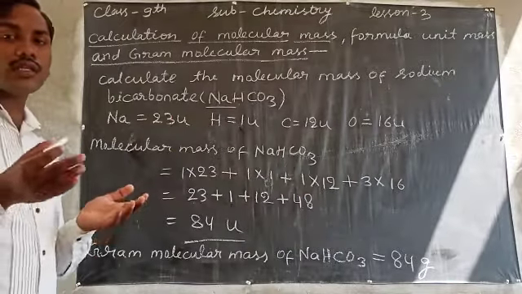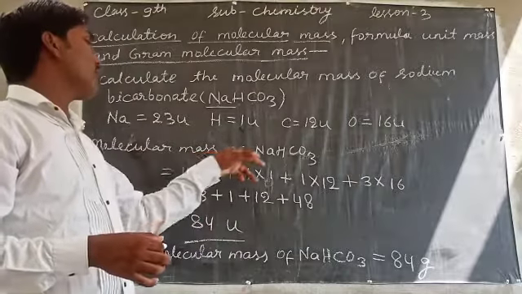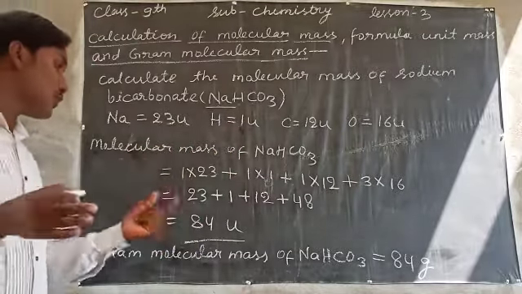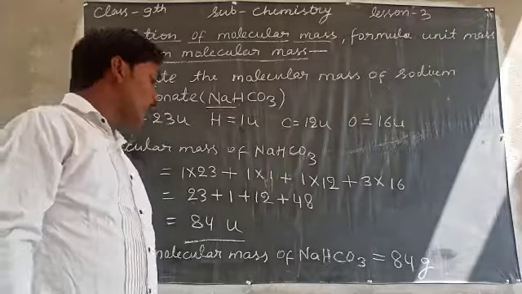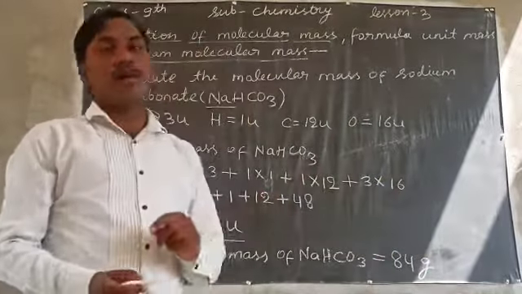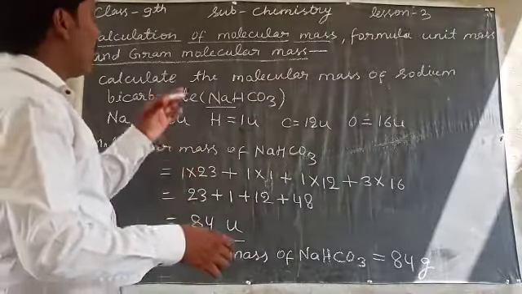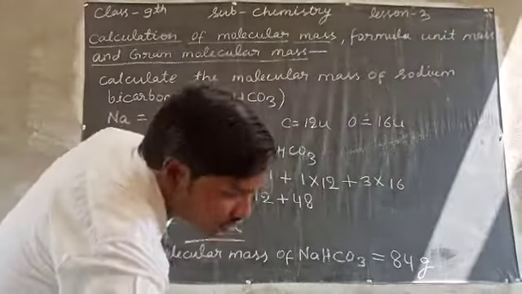Just the difference is in unit, because molecular mass is represented in unit while gram molecular mass is represented in gram. And after this I will tell you formula unit mass.